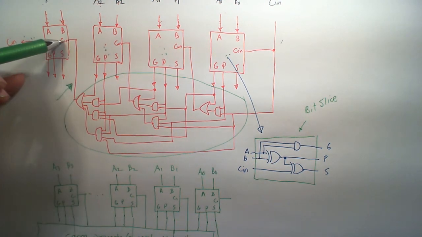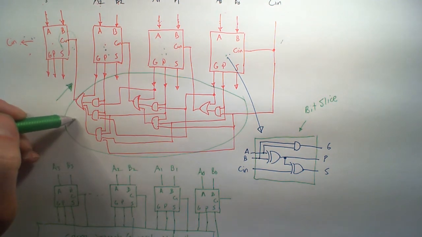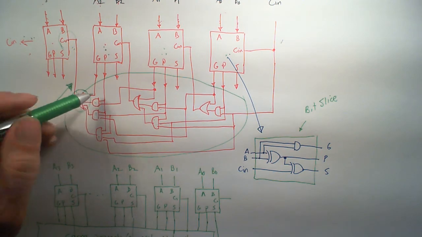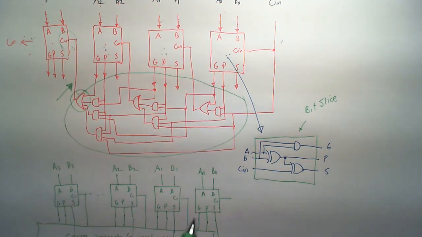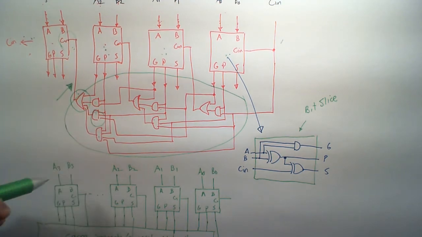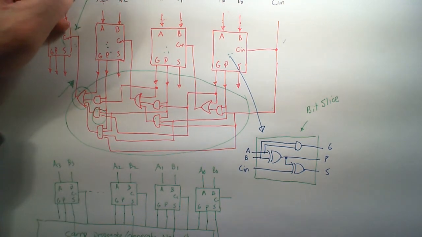But look here, this carry into this stage only goes through at most 2 gates. It'll go through that gate and one of these, depending on the generate and propagate signals from the earlier stages. So every single carry can be formed with just 2 gate delays anywhere in the entire adder.